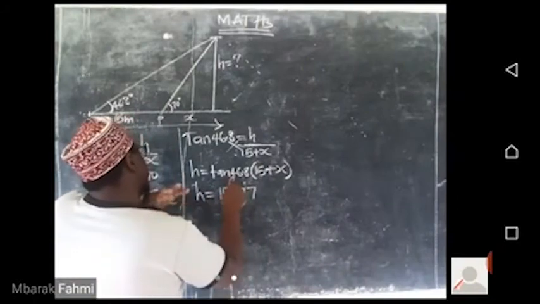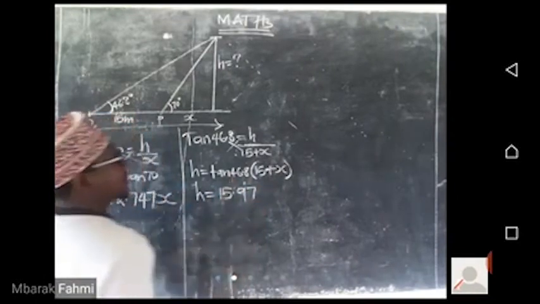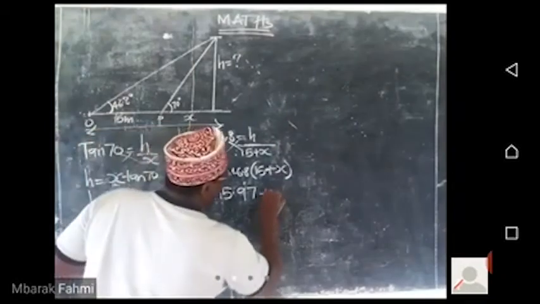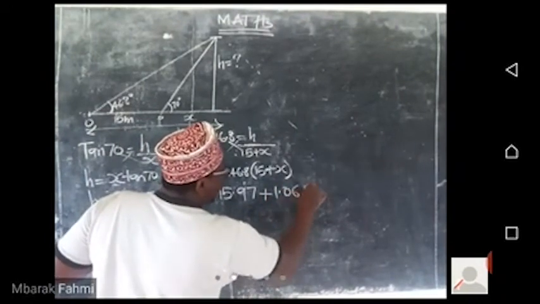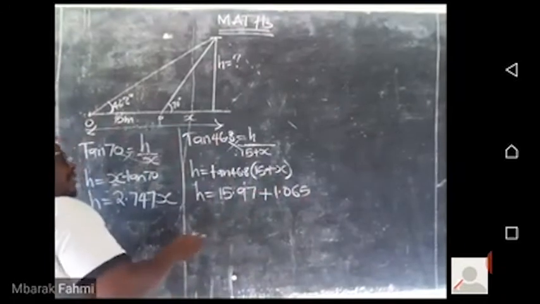And then tan 46.8 again times X. So we just need to get the tan of 46.8, and that is 1.065. So this is multiplied by X.